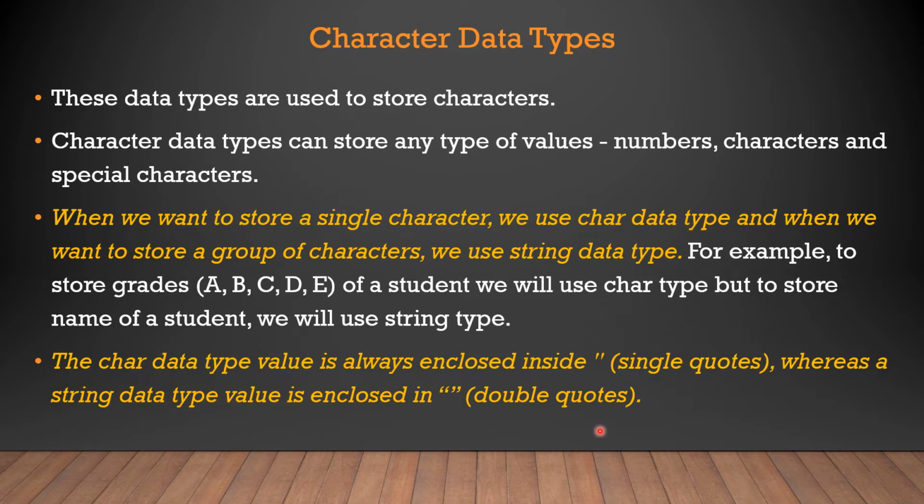Means whenever we want to print or give a variable a single character, means the char data type, then we are going to enclose it in single quotes, and whenever we want it to be string data type, means we want to store a group of characters, in that case we are going to enclose it in double quotes. This is the identification for a group of characters, and the single quotes represent a single character.